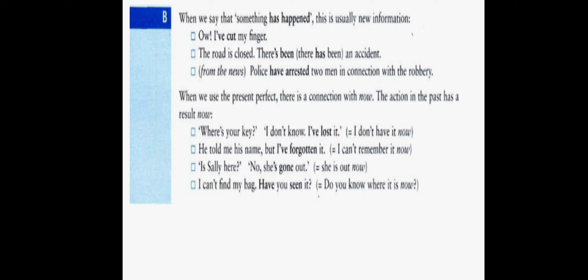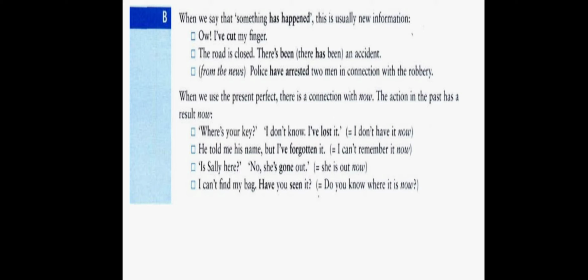Another example: he told me his name, but I have forgotten it. I have forgotten his name from the time he told me until now. I don't remember, and still I don't remember it now.